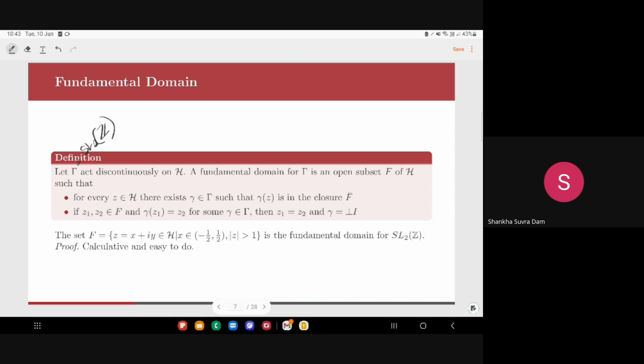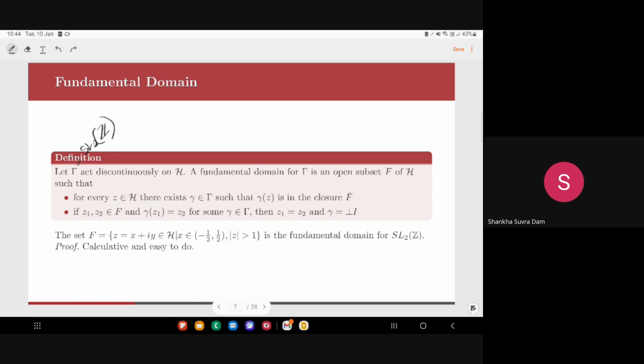This kind of gives us the orbit representatives of the action of gamma on the upper half plane. So for SL2(Z), the fundamental domain would be this region defined in here.